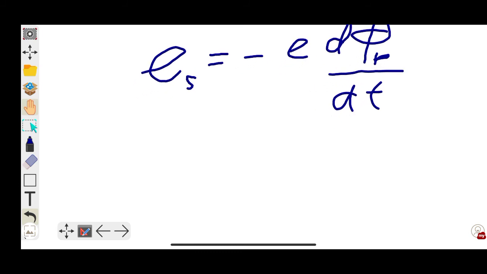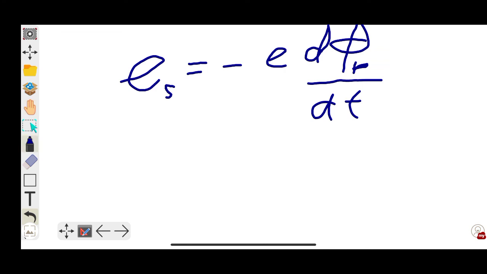So I'll write the EMF in one turn of the secondary, that is d phi P upon dt, or I'll write ES into N, the number of turns in the secondary.